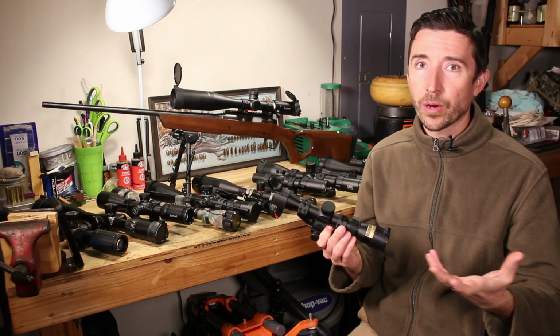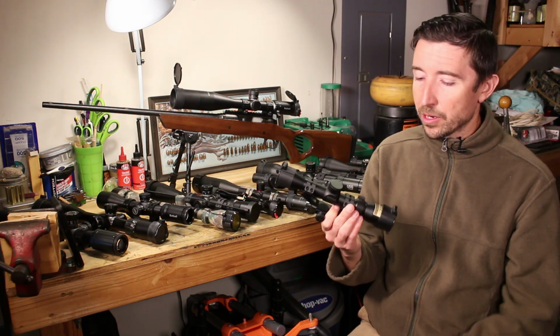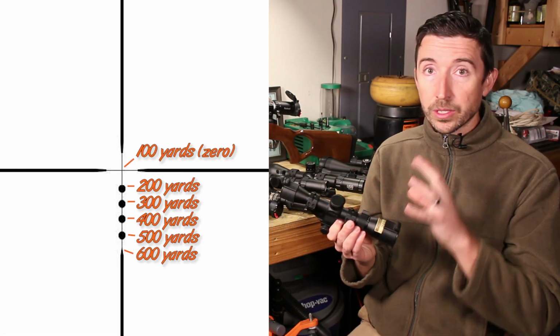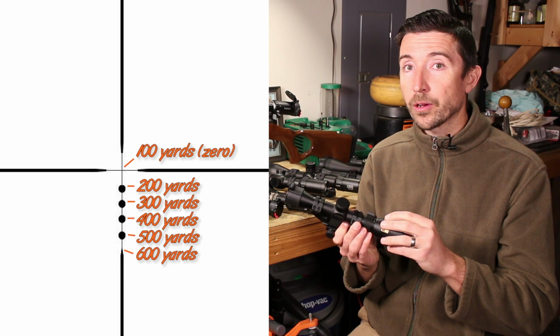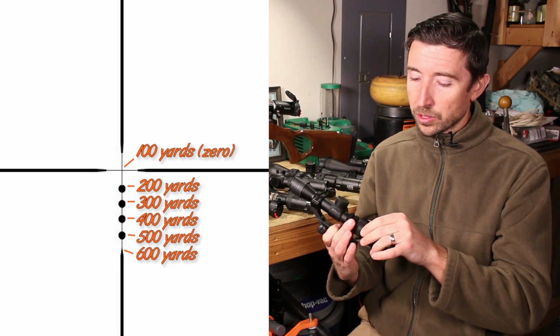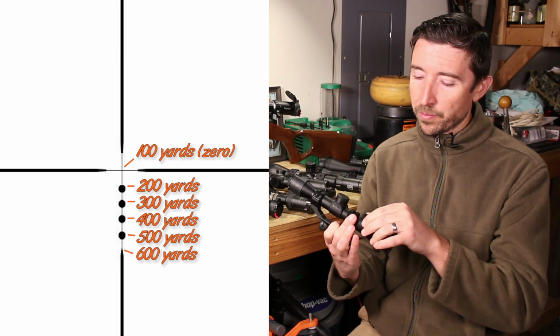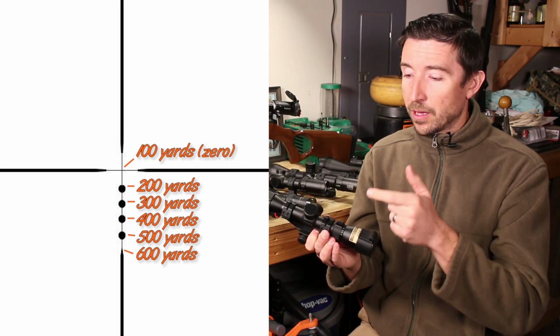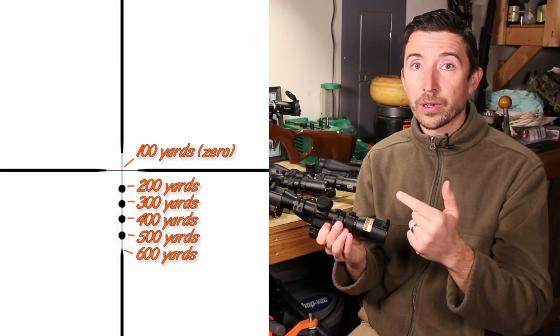Like Bushnell has their Drop Zone BDC reticles, and you can enter the ballistics for your cartridge and typically you zero your rifle at 100 yards with the scope, and then it'll tell you at a certain zoom, since this is an SFP scope, like say here at 5x, then line number 2 is going to be a 200-yard drop.